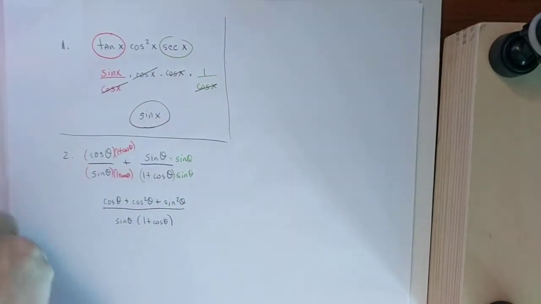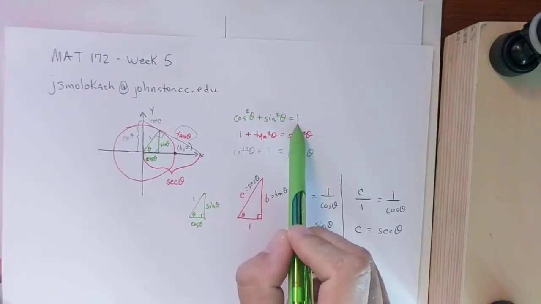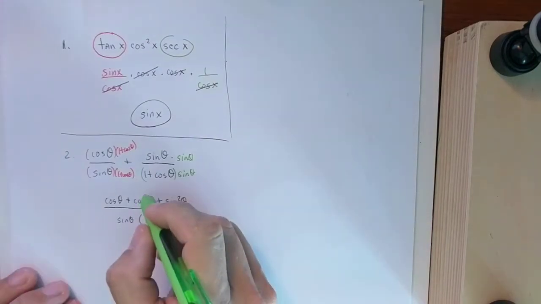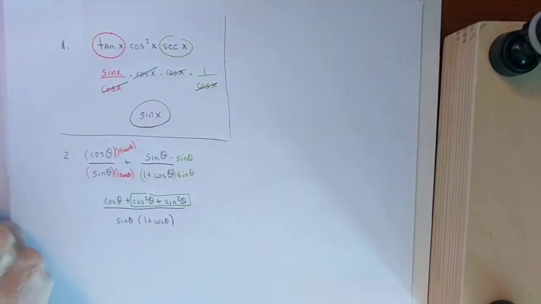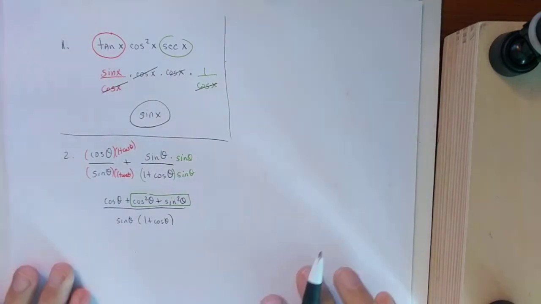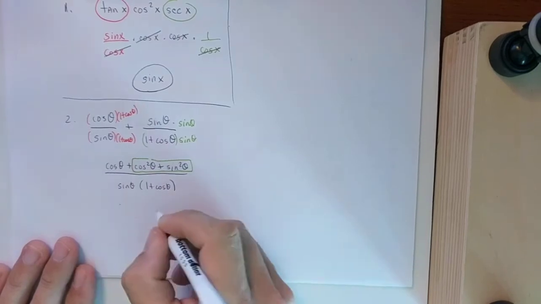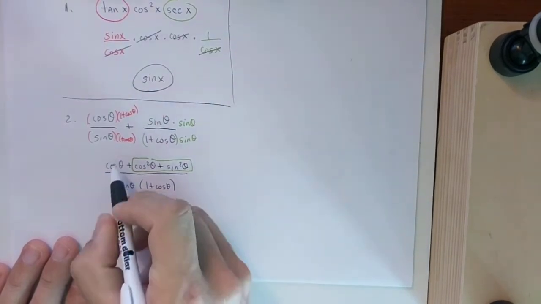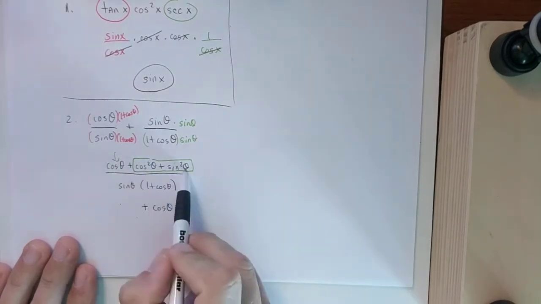Okay, and remember from our fundamental identities from the previous page that whenever we see these things added together, that's exactly 1, right? Well, look what I see. Ta-da! That's exactly 1. So move this up a little bit. You get cosine theta, which is this cosine theta, right, plus 1.